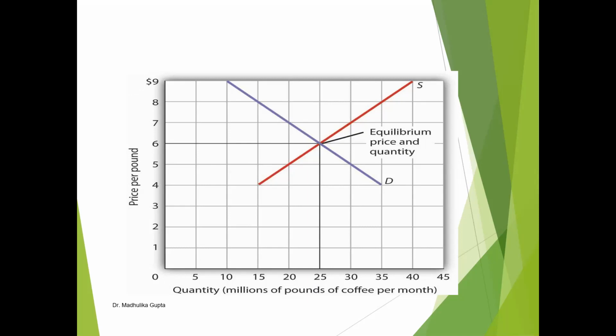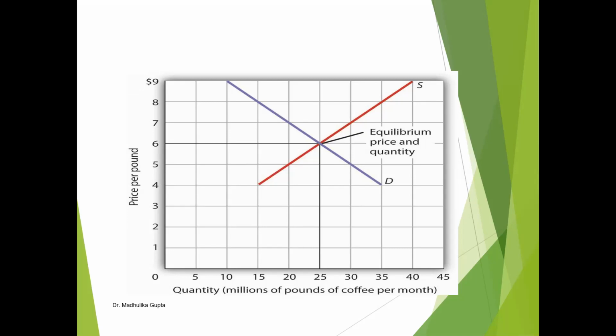Can you see the black lines intersecting? So that is the equilibrium price, $6 per pound. Notice that the 2 curves intersect at a price of $6 per pound. At this price, the quantities demanded and supplied are equal. Buyers want to purchase, and sellers are willing to offer for sale, 25 million pounds of coffee per month. So the market for coffee is in equilibrium.